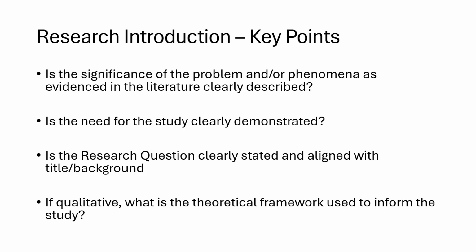That's very important when you're looking at qualitative research, about what lens you're going to interpret your findings in. Also, when you look at your research question and what you're doing, make sure that it's actually aligned with the title and background. A lot of times a mistake is that they'll talk about a topic and the significance, but then they'll have a research question that really isn't directly related to that information, and that will not create a strong application.